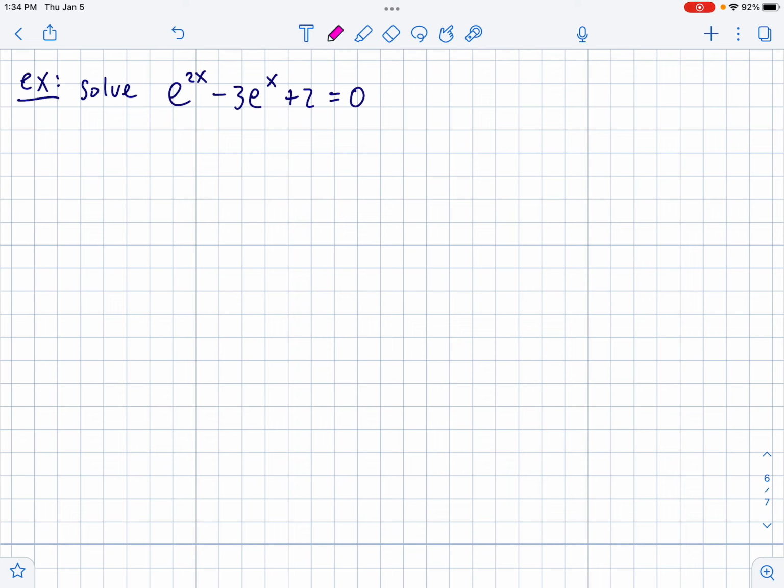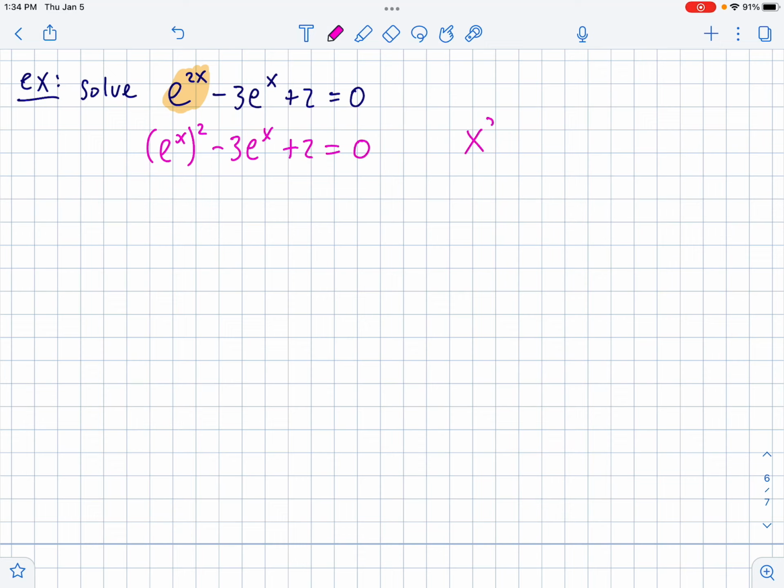Ooh, last one, and it's kind of a sneaky one. The way you need to think of this first nomial right here is that this is e to the x squared. And then the rest of it we can just write like normal. Now, the reason that we rewrite it is that this is a sneaky quadratic.